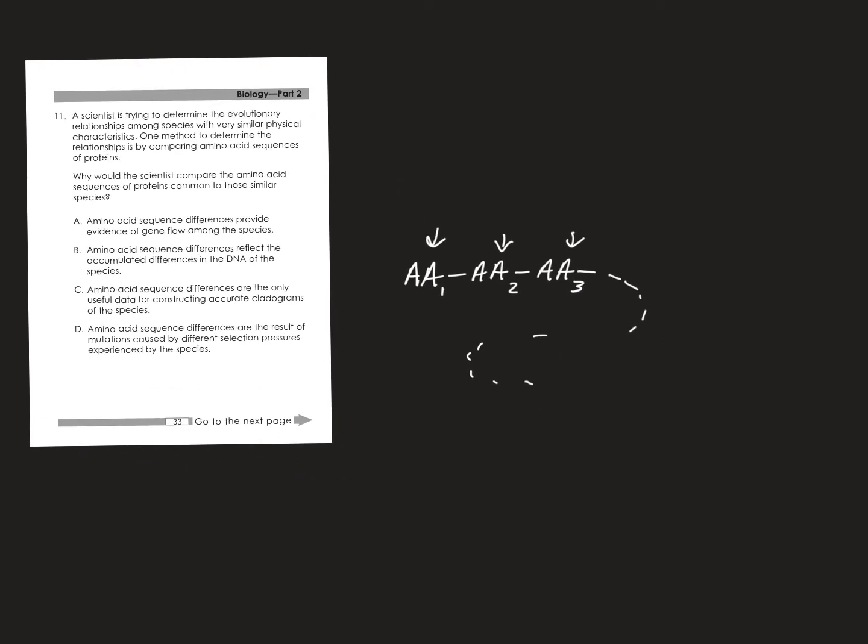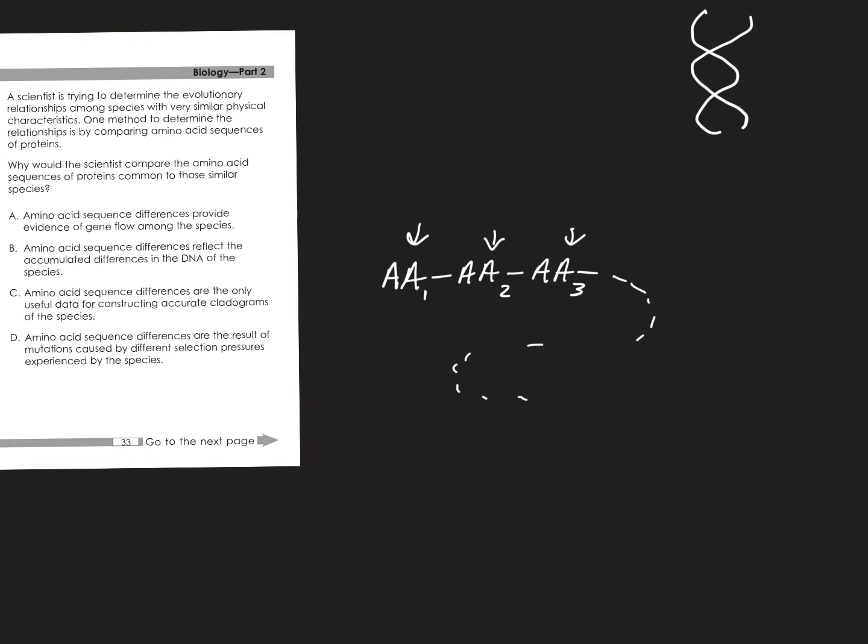Let's further remember that it all started with the DNA molecule, and that first an mRNA was transcribed. So you went from DNA to RNA. Then that RNA was translated, so this was transcription.